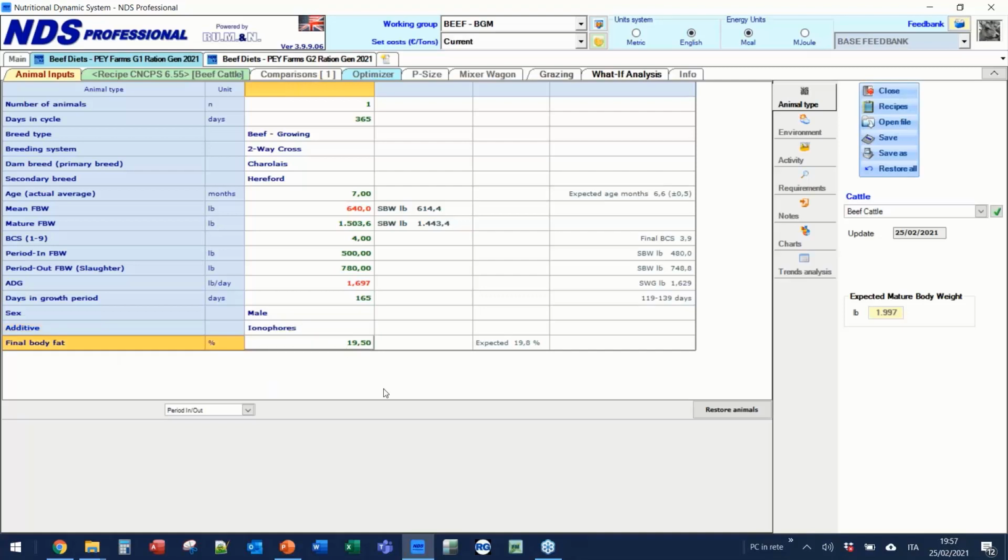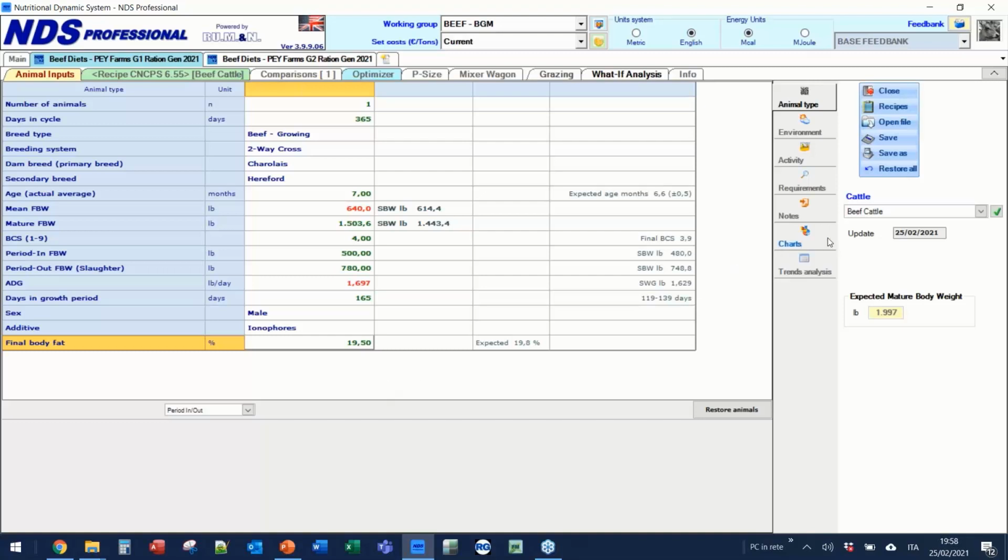The final body fat is another input that is not easy to define, because many times we see that the users do not change this input, always leaving 28%, 25%, depending on the default they are using. But this is not really correct, because it depends on the stage of growth.